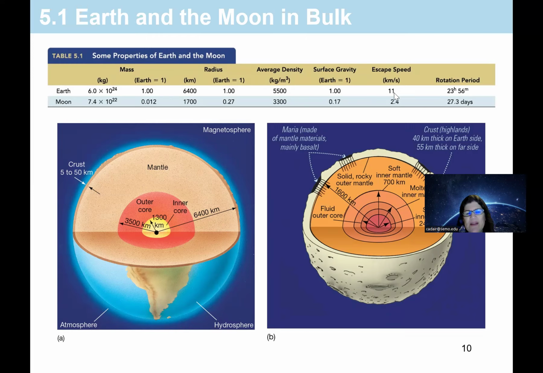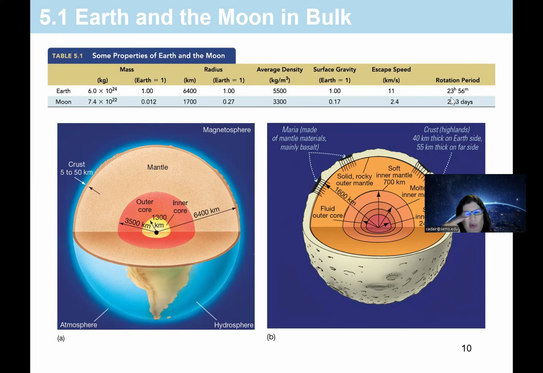Escape speed is 11 kilometers per second for the Earth and 2.4 kilometers per second for the Moon. And then, of course, the rotation period, which is 23 hours and 56 minutes. If you remember, that's the sidereal day, not the solar day. And then for the moon, the rotation period is 27.3 days.